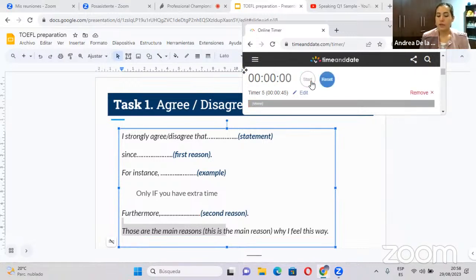Right? So it's not perfect, but it does its job. Right? I had my introduction, I had my reason, my example with details, it was connected. I tried to have appropriate vocabulary, like things like failing the class, taking online courses, that type of vocabulary.